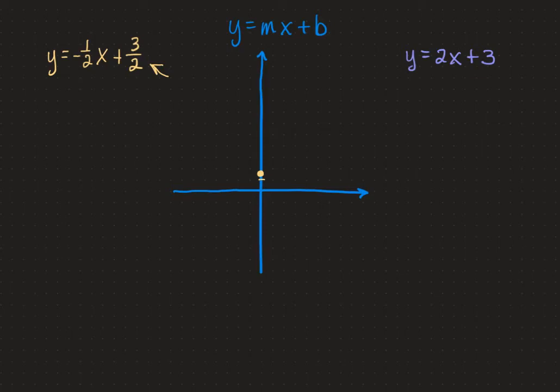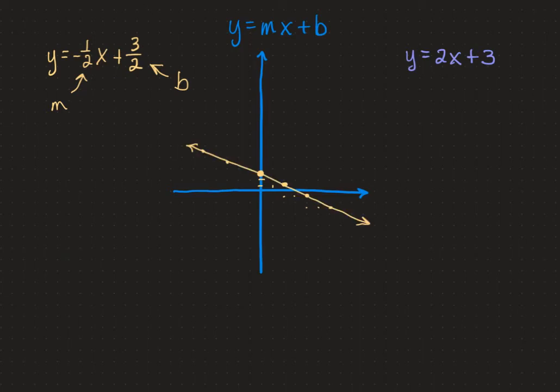Well, this slope tells me that I need to go down 1 whole unit because it's a negative slope, and then I need to go to the right 2 units. This is going to be a little bit tricky because I'm at a half unit. So I have to come down 1 whole unit and then over 2 whole units. So there's my next point. And then down 1 whole unit and over 2 whole units there. And I can continue this process to draw this line with its negative slope.